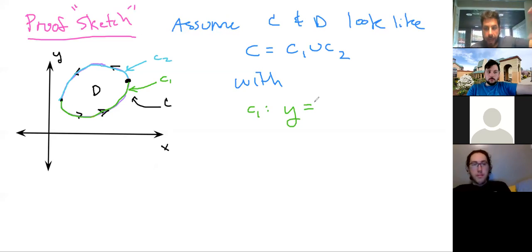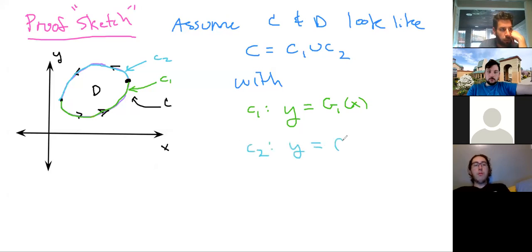Now, I already used capital F. I already think of little f and little g as the components of capital F. I usually reserve R for a parametrization, so what's another letter? Let's use G. So we'll call this G sub 1 of x. And then this piece, C2, will be given by this equation, y equals G sub 2 of x.